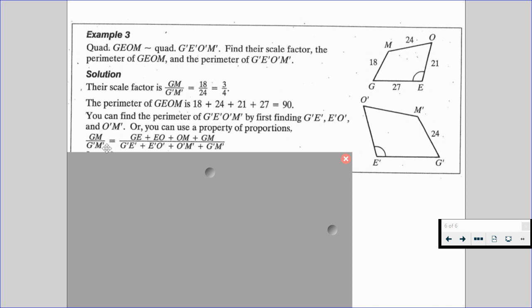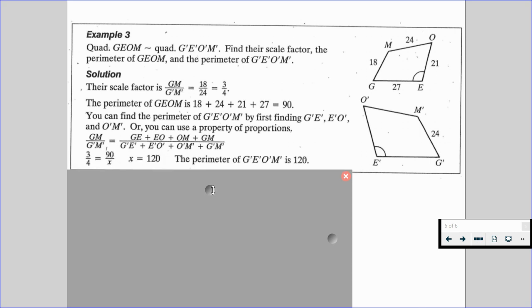We have GM over G prime M prime is equal to GE plus EO plus OM plus GM all over the sum of the other 4 segments in the other quadrilateral, G prime, E prime, O prime, and M prime. And as we solve, we get 3 over 4 is equal to 90 over x, and x is equal to 120, which means that the perimeter is 120.